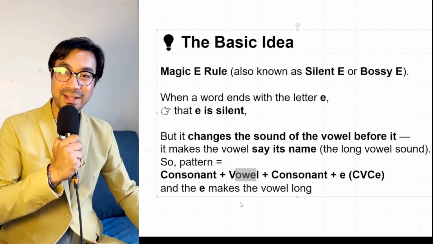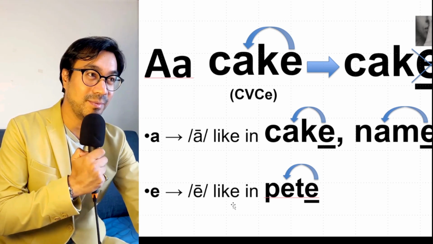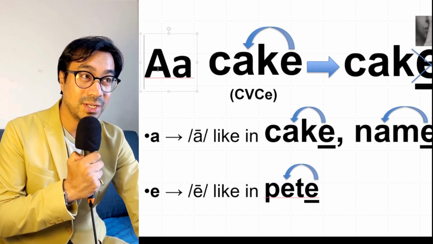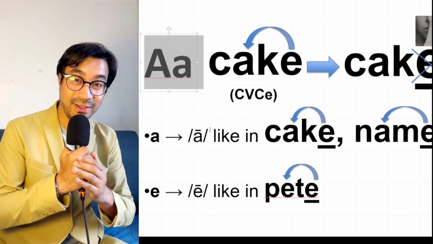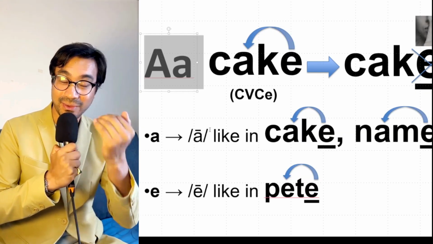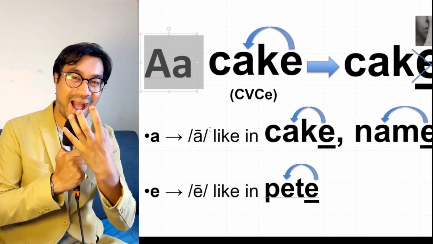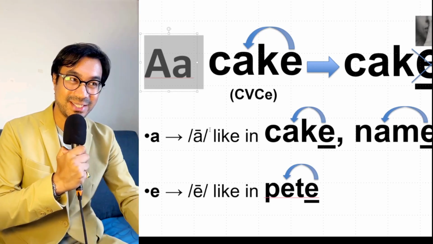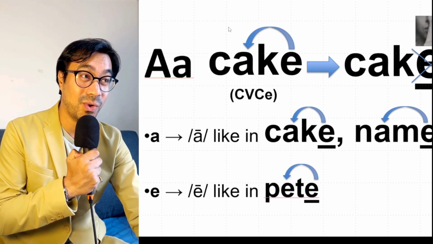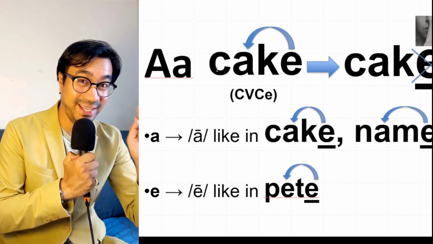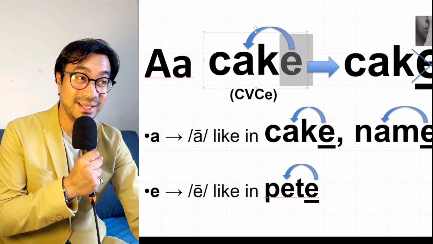Okay, let's see some examples. So A. What is the long vowel? A. And what's the short vowel? A. That's good. Here's the word. We have to identify the E at the end.